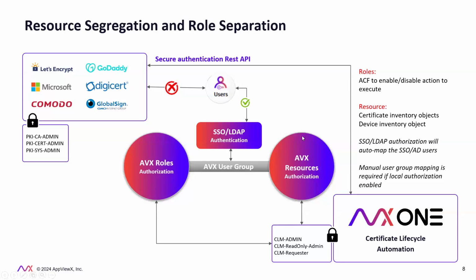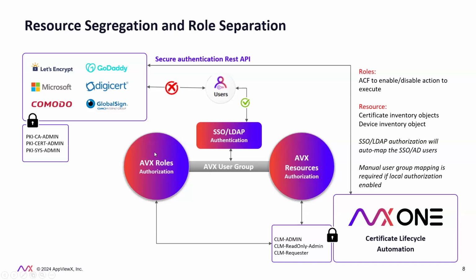That will fall into the resource. So resource is an object. A certificate is an object, or a device where you want to provision a certificate, in F5 or an IaaS, it's an object. So you are going to give resource access. For an F5 team, you can define a resource only to have access to the F5 devices, and you can give access only to their certificate group where the certificate belongs to the F5 team.